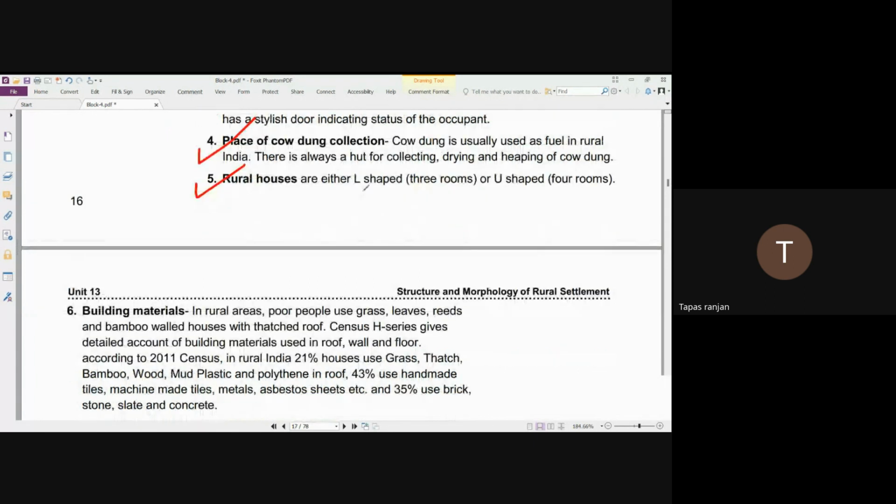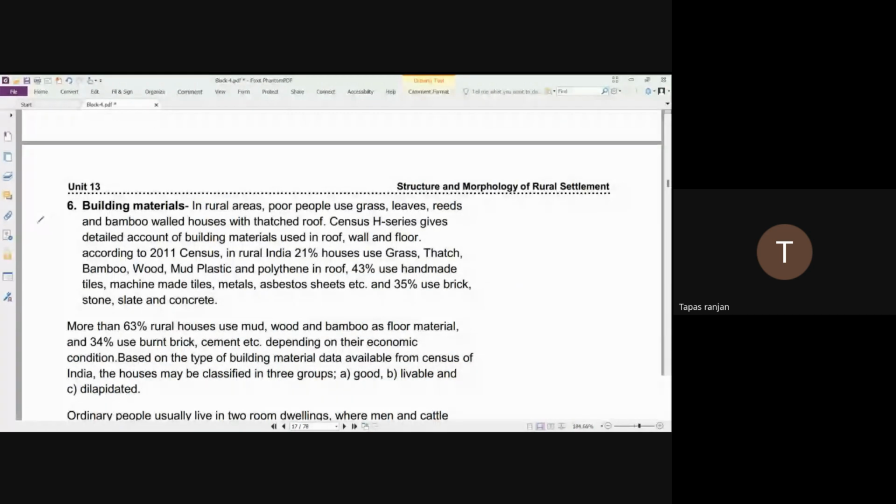Rural houses will be of different shapes. Then what are the different building materials they will be using? Based on the 2011 census, you can look into that. In rural India, 21% of houses basically used grass, thatch, bamboo, wood, mud, plastic, polythene in the roof.